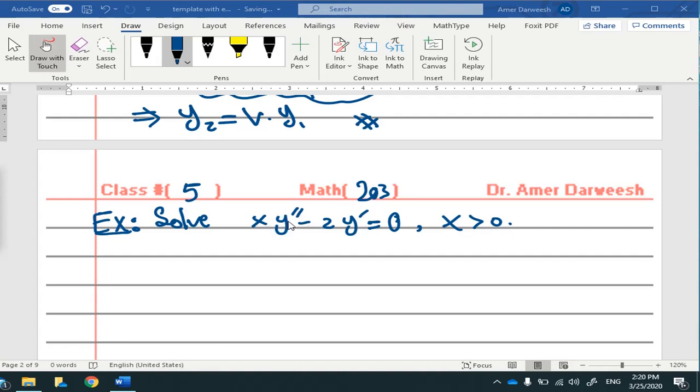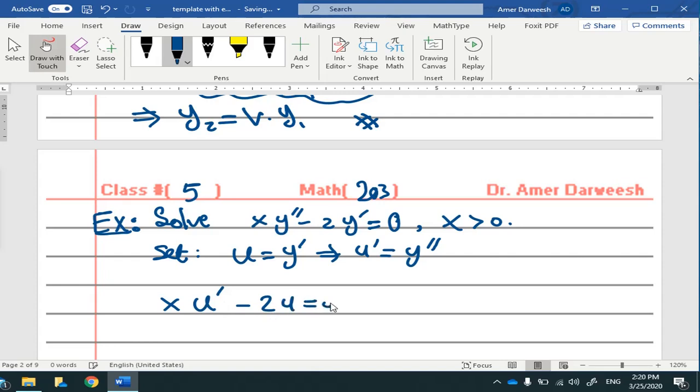I will not use the rule, because I have y double prime and only y prime, so I can reduce the order from second order to first order by setting u to be y prime, then u prime will be y double prime, and I can convert the equation into the first order equation x u prime minus 2u equals 0.